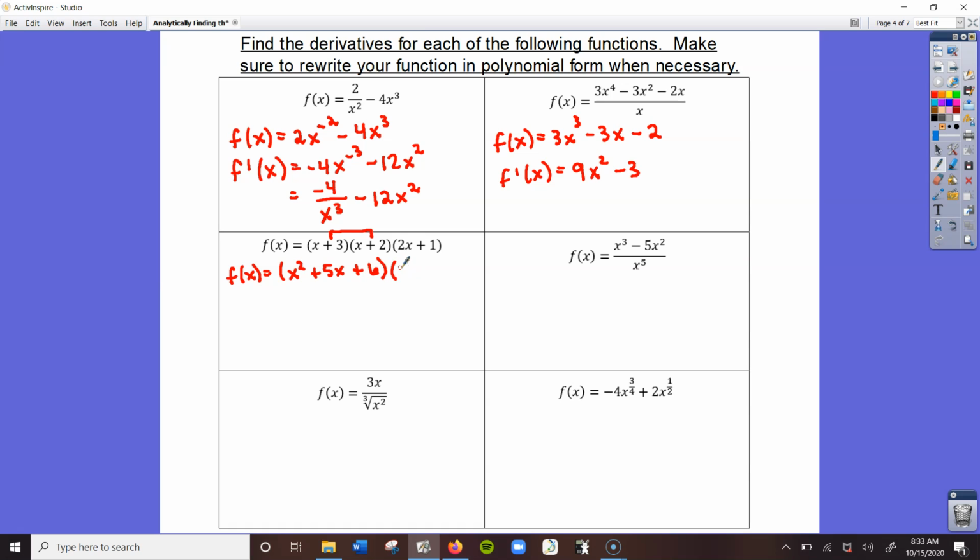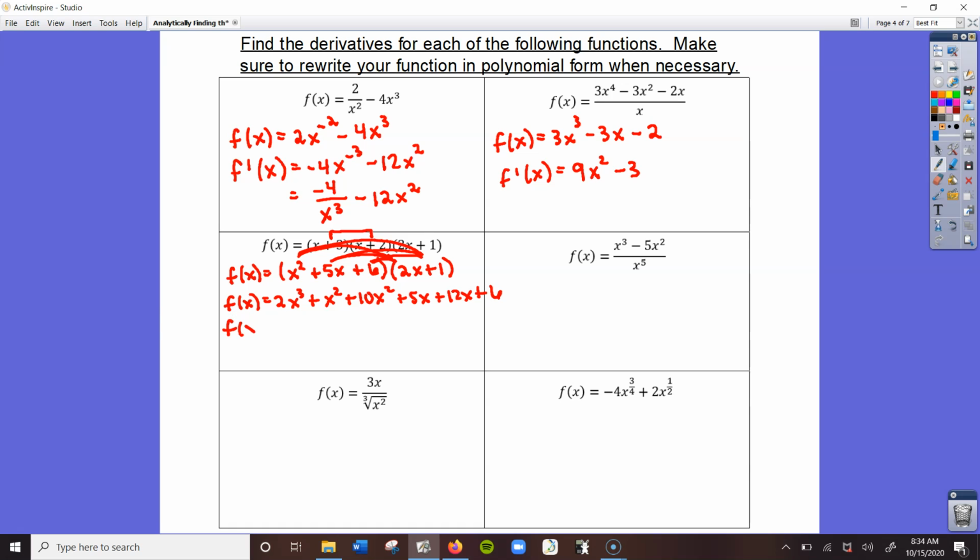And now I need to multiply that with 2x plus 1. So I'm going to distribute that x squared, distribute the 5x, and distribute the 6. So f of x is going to equal 2x to the third plus x squared plus 10x squared plus 5x plus 12x plus 6.